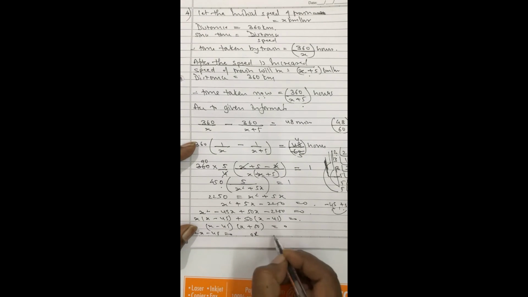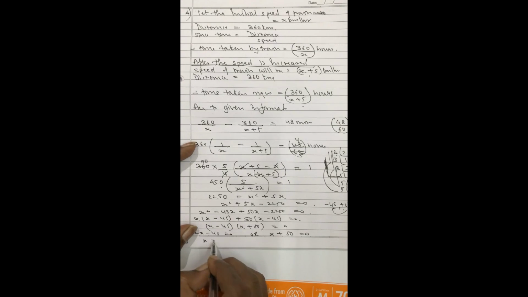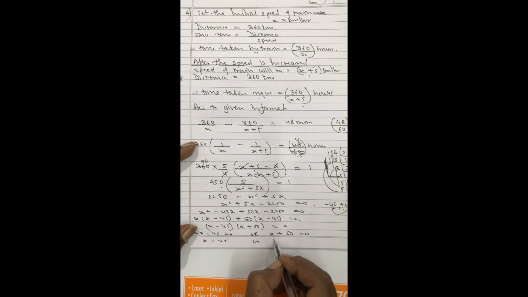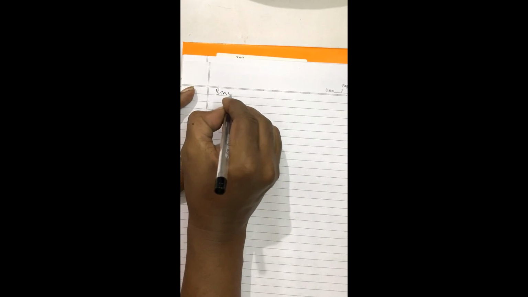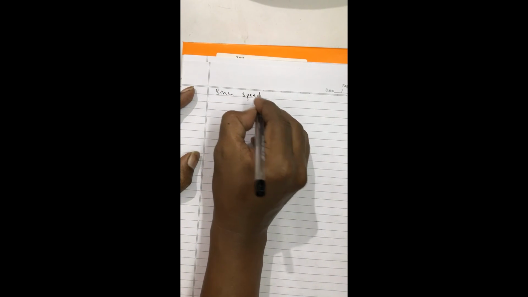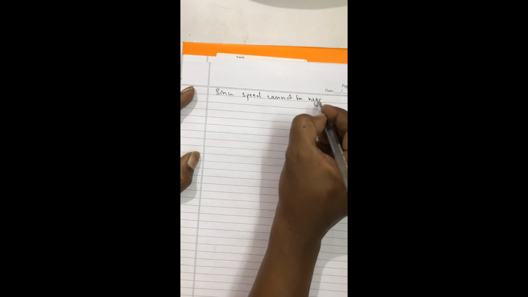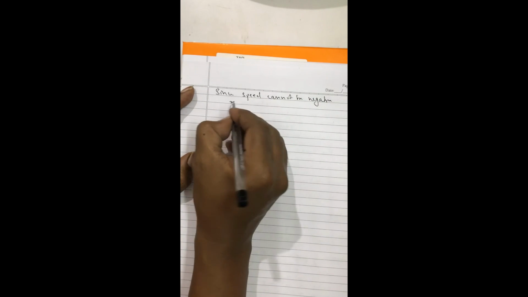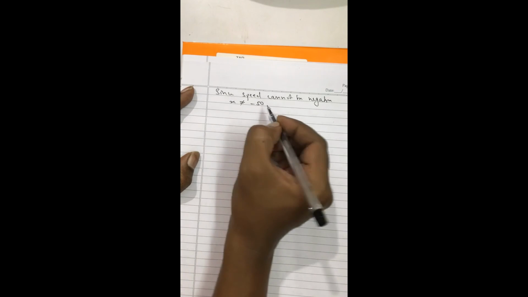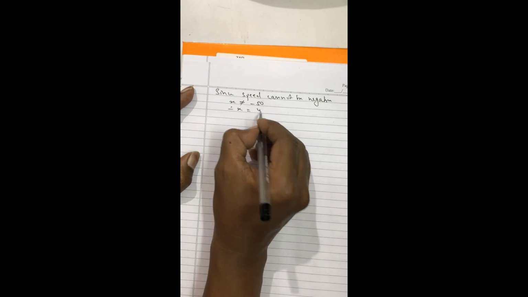Therefore x minus 45 is equal to 0, or x plus 50 is equal to 0. x is equal to 45 or x is equal to minus 50. Since speed cannot be negative, x cannot be minus 50, therefore x is equal to 45.